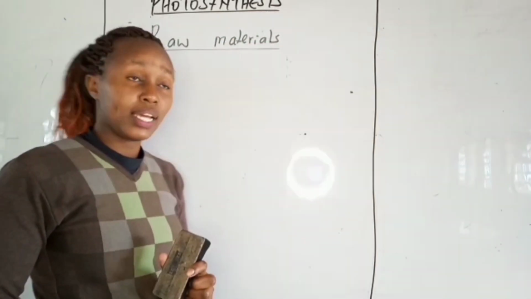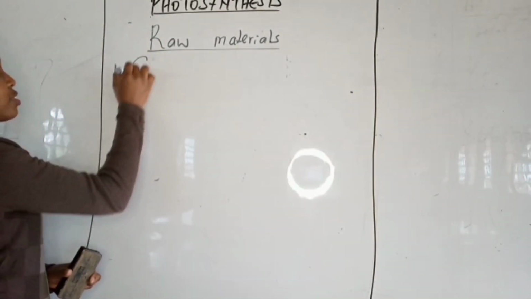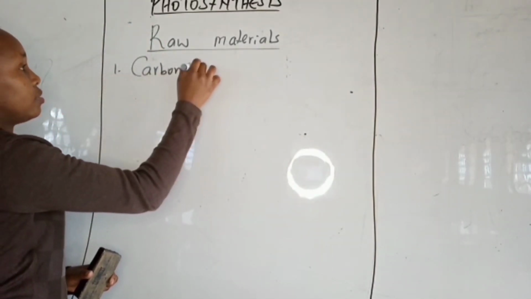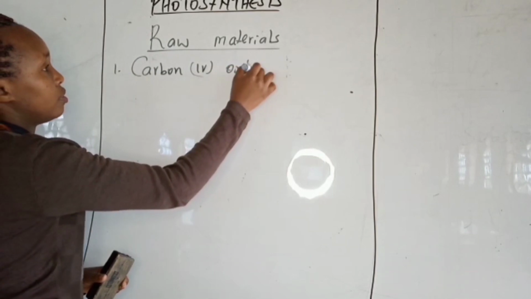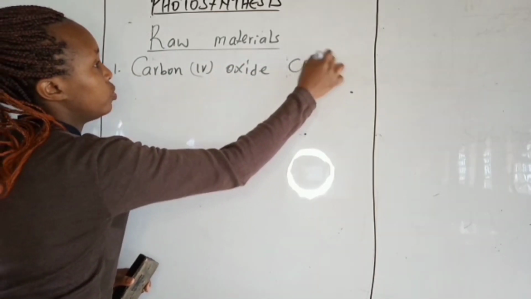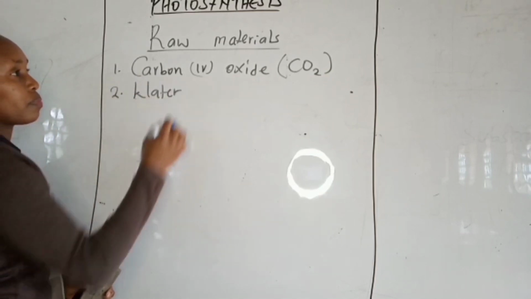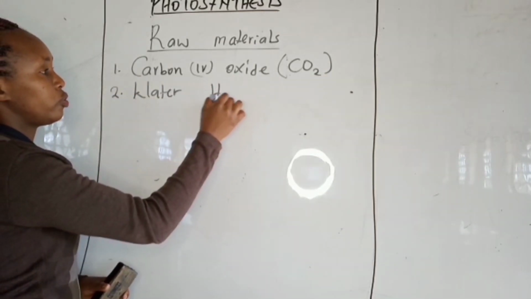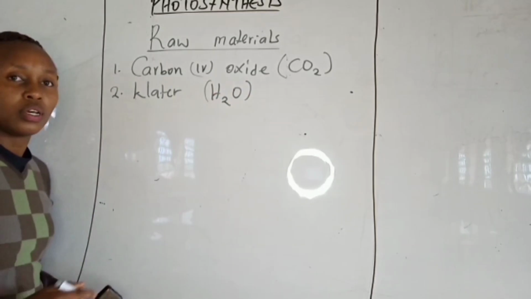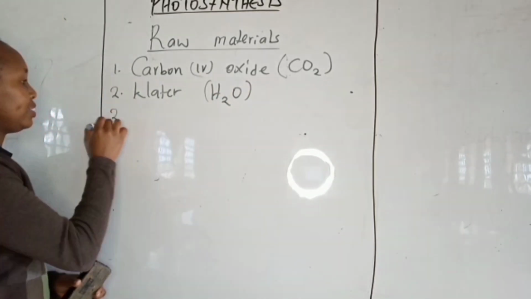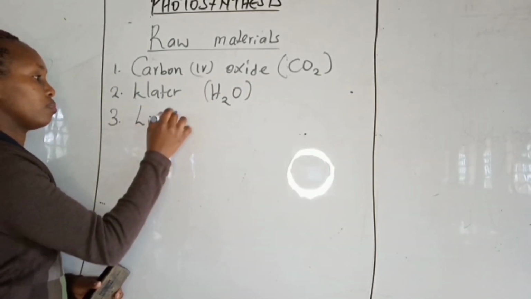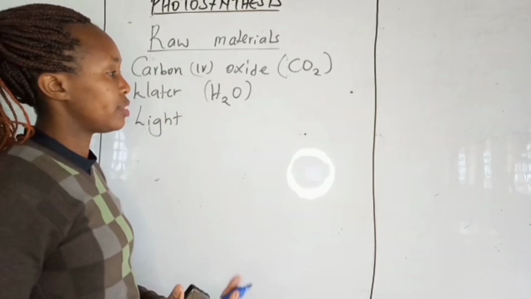So the first one is a gas, which is carbon dioxide, written as CO2. We have water, H2O. We also have to have light. So this is the light energy. There's sunlight.